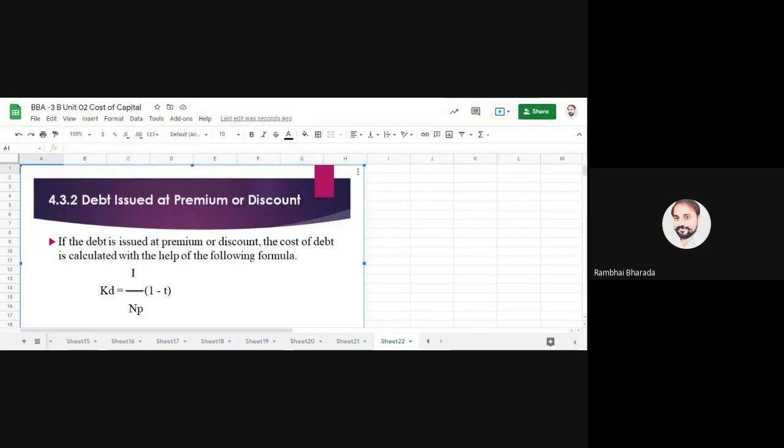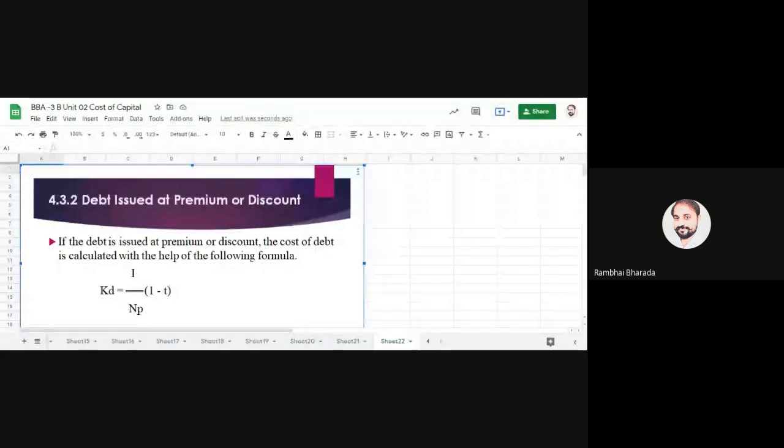Here we have debt. So in a debt, we have interest instead of dividend. Instead of dividend, what we have? Interest. So we will replace the D with I. Are we clear? Write down the formula. Formula done.